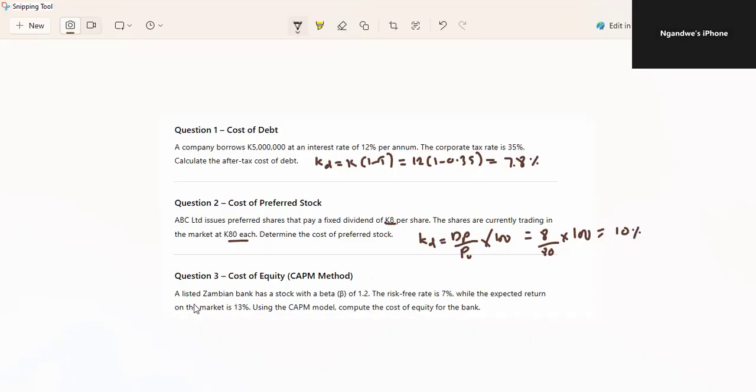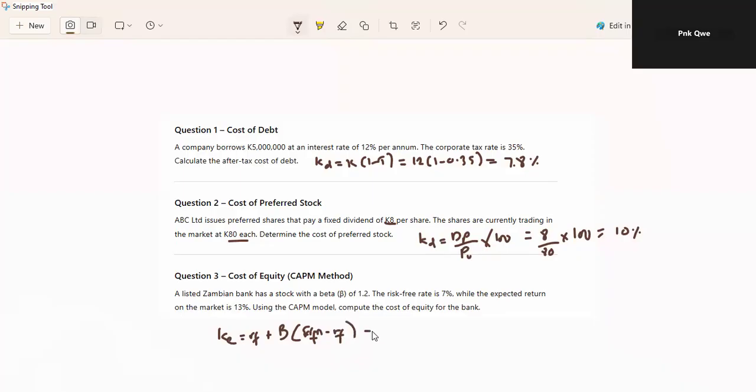And here, a listed Zambian bank on the stock exchange has a beta of 1.2, risk-free rate of 7%, expected return of 13%. Using the CAPM model, calculate the cost of equity. So cost of equity we said is what? Risk-free rate plus beta, then expected market return minus risk-free rate.